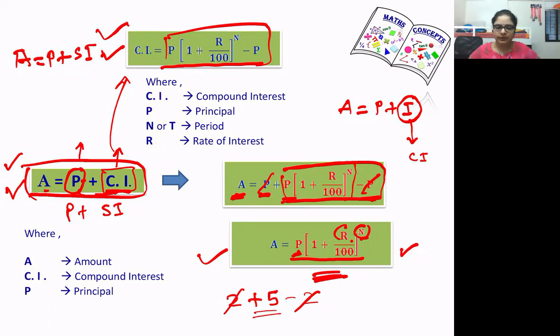In case of simple interest, amount equal to principal plus simple interest. Then write the formula for compound interest, the formula for amount with compound interest, and the formula for amount without compound interest. Let me know once you are done writing.